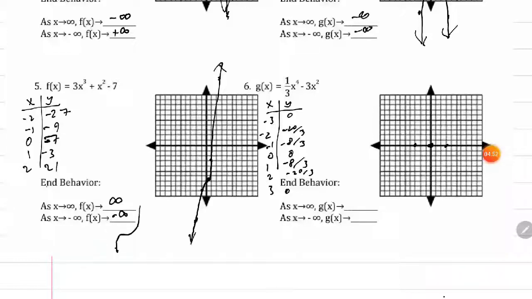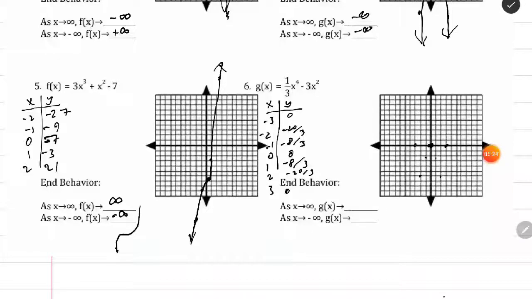So 6 2/3 is around kind of here. And then we have, what's next? 8/3. So that's 2 1/3. So around here. So this, and then copy it over.